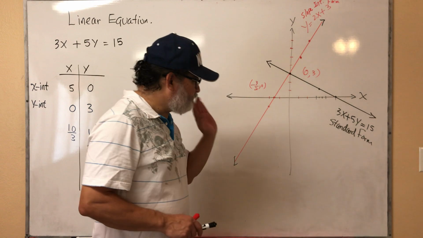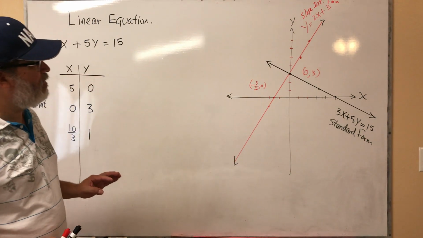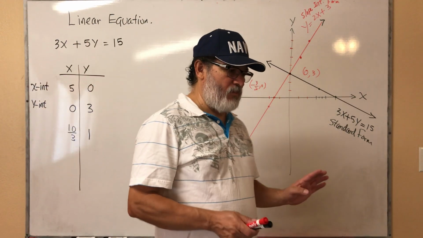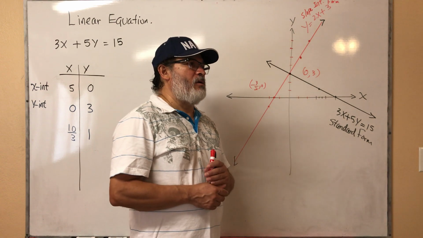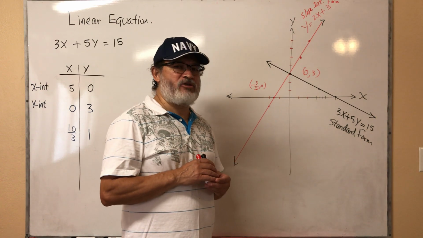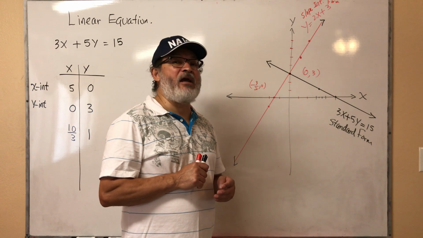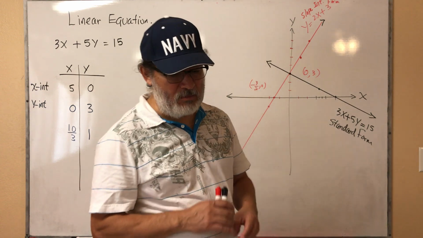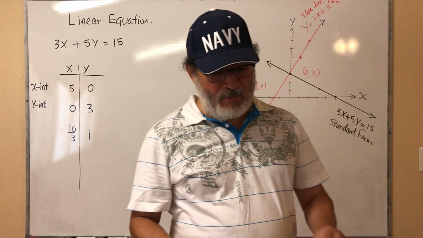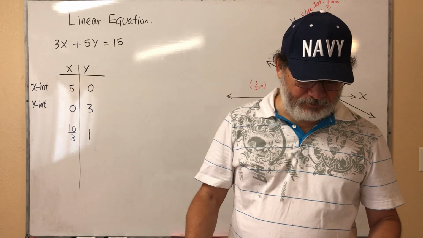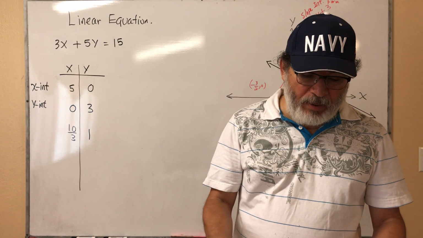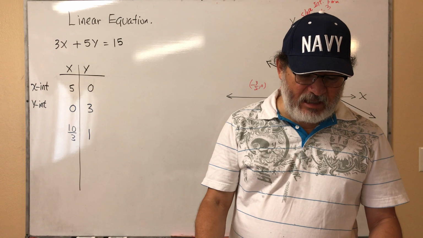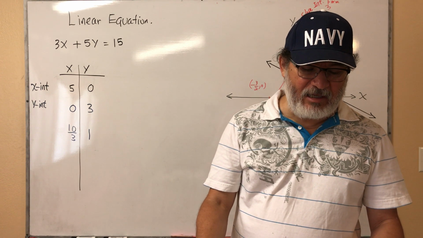Okay. Now, what is the slope? The slope is going to be the inclination of the line. The slope sometimes is going to be positive, and the slope sometimes is going to be negative.